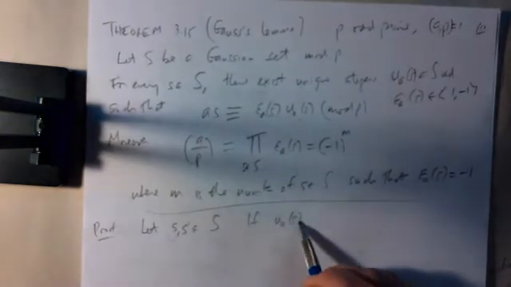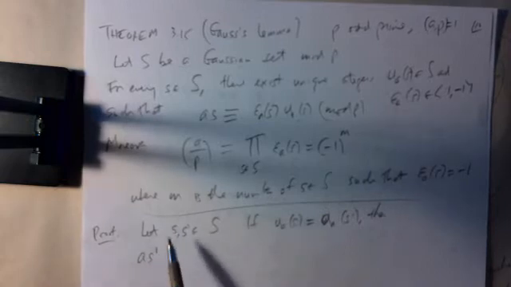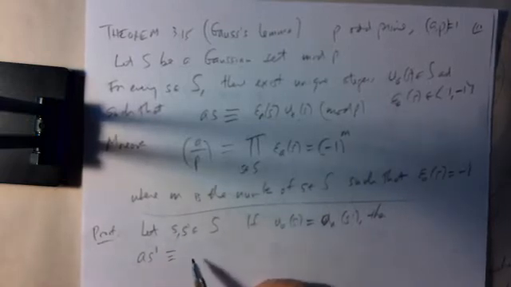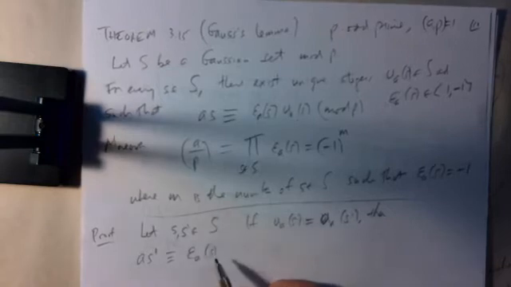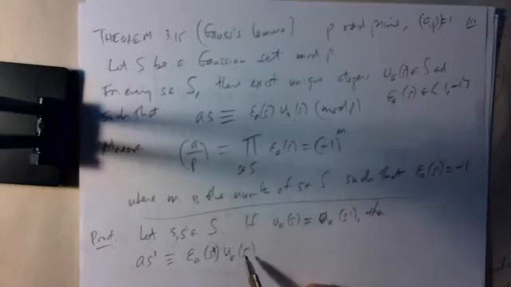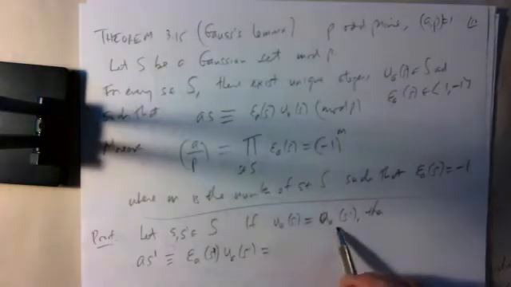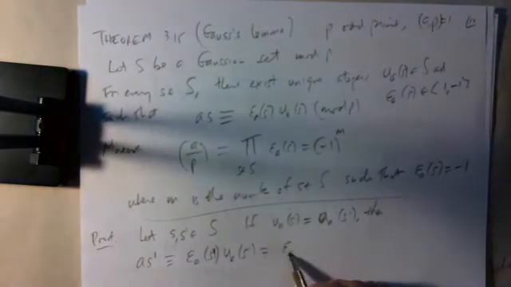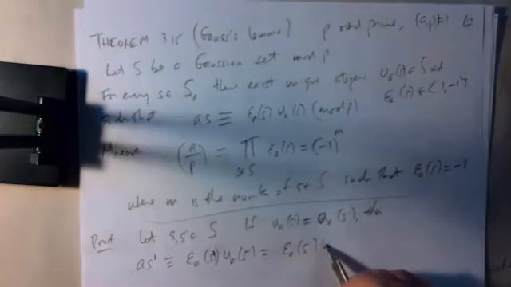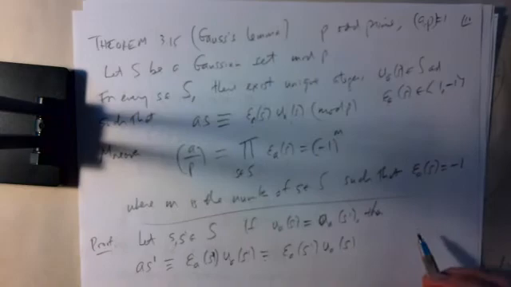If u sub a of s equals u sub a of s prime, what does that mean? It means that as prime is congruent to epsilon sub a of s prime times u sub a of s prime, but u sub a of s equals u sub a of s prime, so this is epsilon sub a of s prime times u sub a of s. This is all mod p.